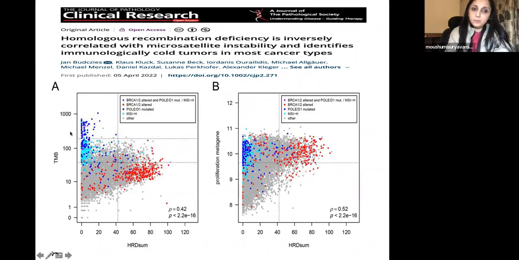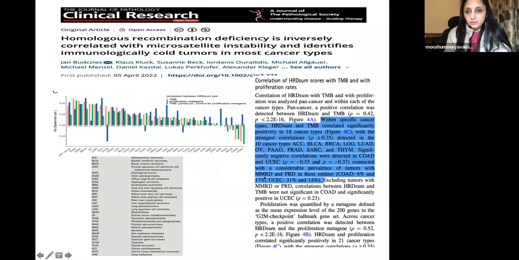In this category where the MMR repair mechanism is not functioning, your HRD score is unlikely to be high. That's what the data is showing. But your BRCA mutants can have a varied score, though most likely they should have a high tumor mutation burden. And this is from the paper.